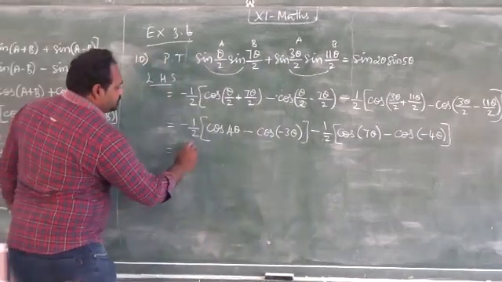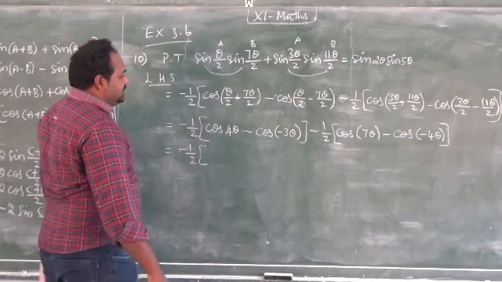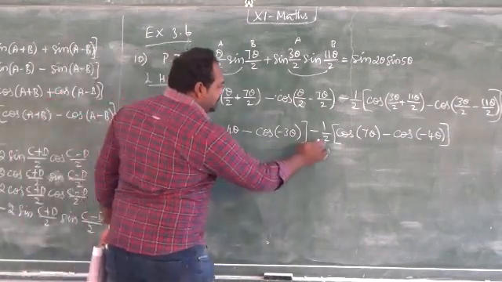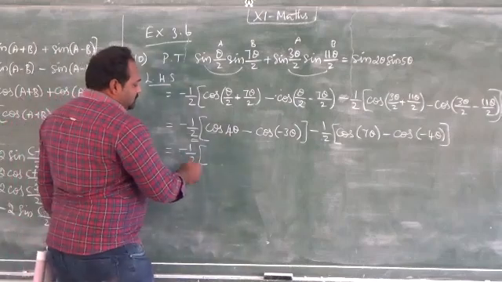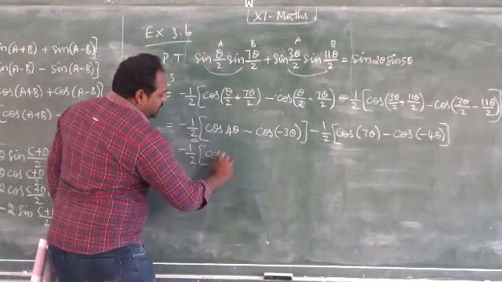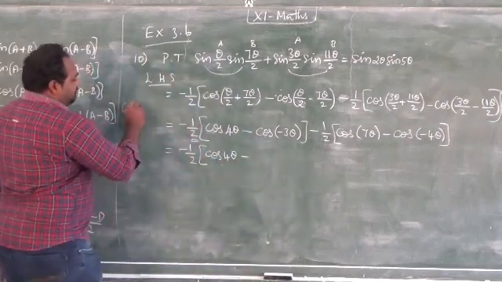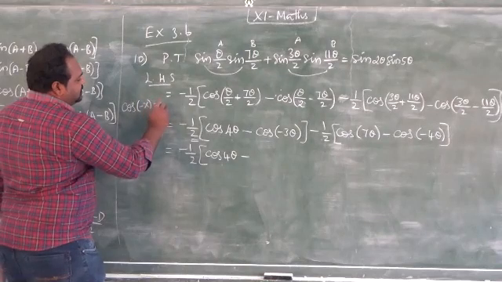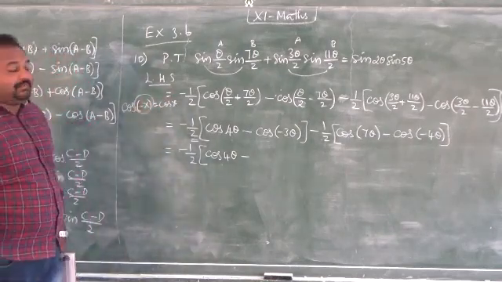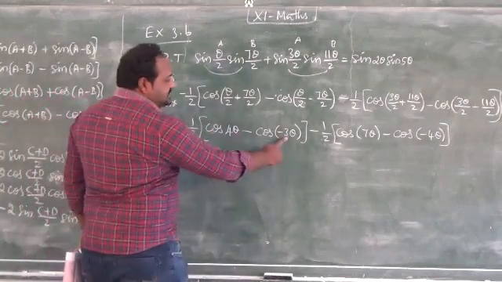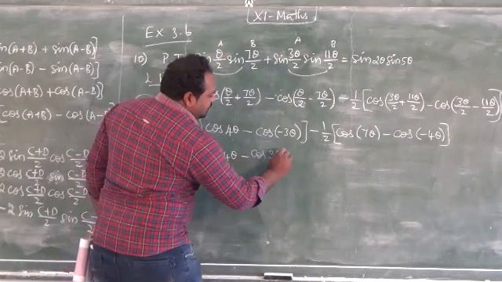So here I am taking minus 1 by 2 commonly outside, because in these two terms we have minus 1 by 2 common. It is cos 4 theta minus cos of minus 3 theta. As we have studied from the beginning, cos of minus x is always cos x, an even function. So when you have a negative argument in the cos, it will be positive. So cos of minus 3 theta is cos 3 theta.